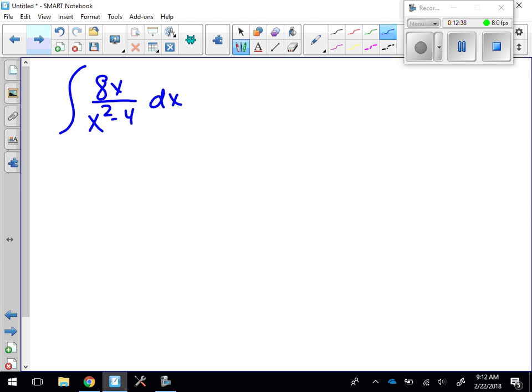Okay, that's my goal. So I want to turn this, my integrand, into something else. And so the first thing that I have to do is factor my denominator. So what does that factor into?